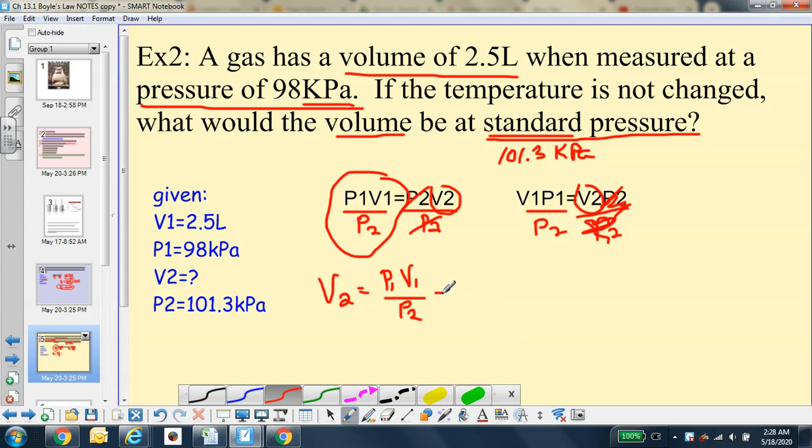So now all we have to do is substitute in pressure 1, 98 kPa, multiplied by volume 1, 2.5 liters, divided by pressure 2, 101.3 kPa.